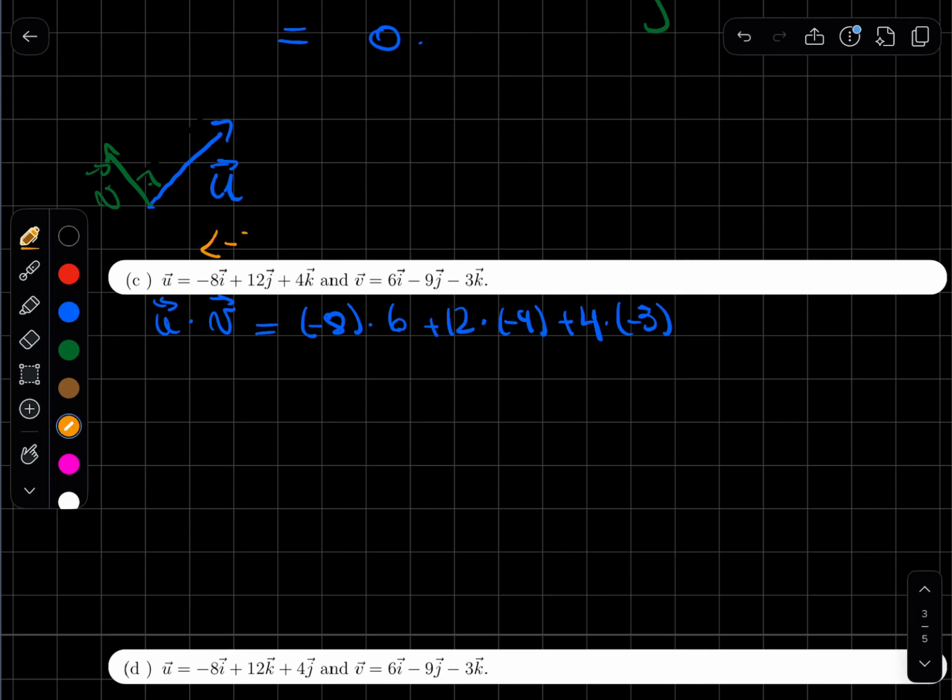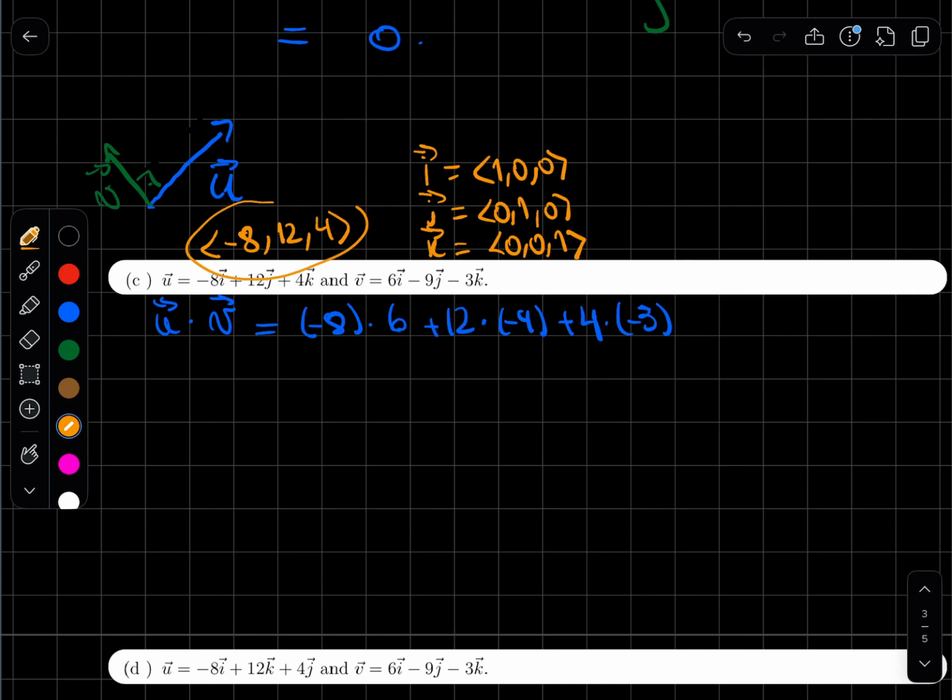So this is the same as vector negative 8, 12, 4. Vector u is, because we're remembering that i is 1, 0, 0, j is 0, 1, 0, and k is 0, 0, 1, like so. And so we end up with this representation for u, a similar representation for v.